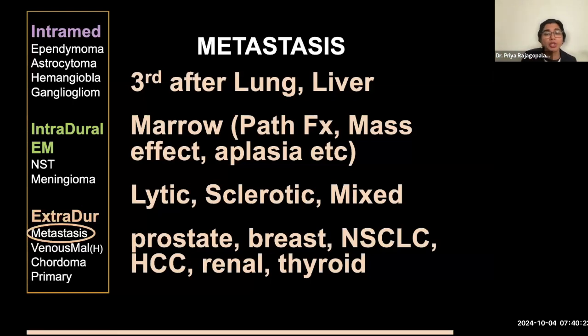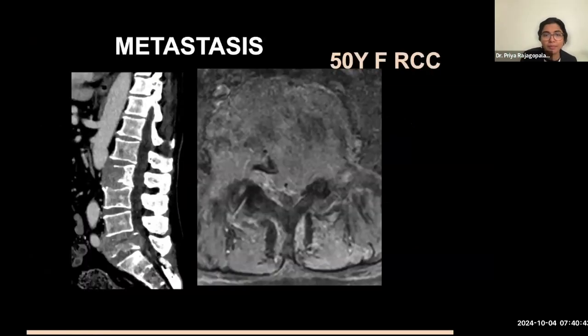So it can be mixed. So the most common ones are going to be prostate, breast, non-small cell lung cancer, hepatocellular cancer, renal cell, and thyroid cancers. So bone metastasis, spinal metastasis, is going to be the third after lung and primary liver cancers.